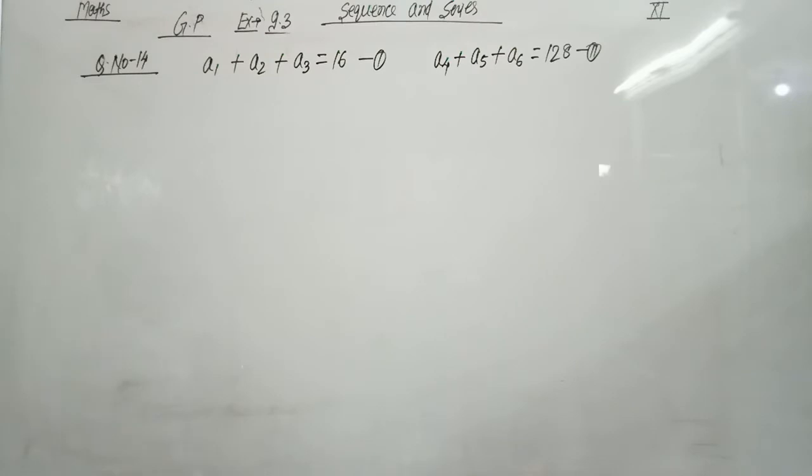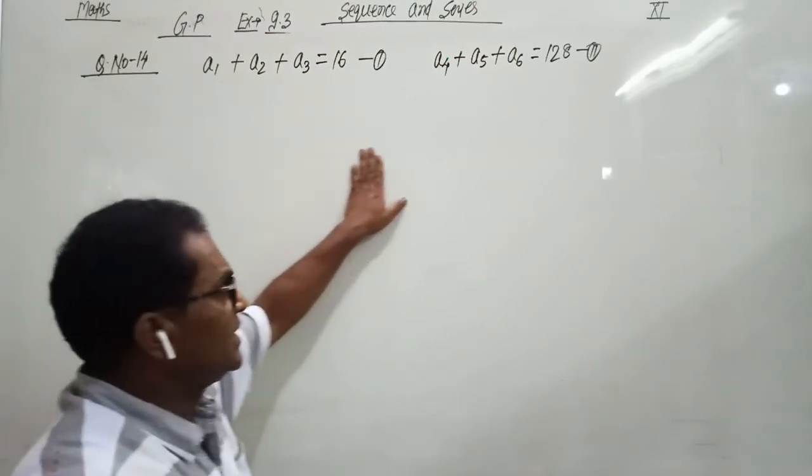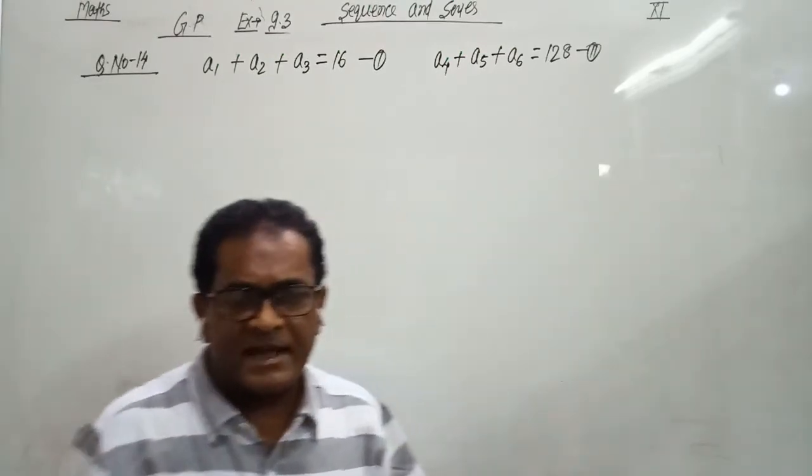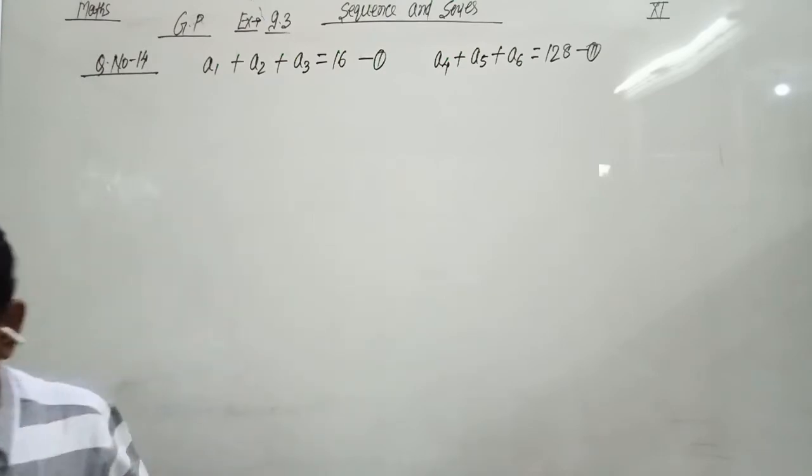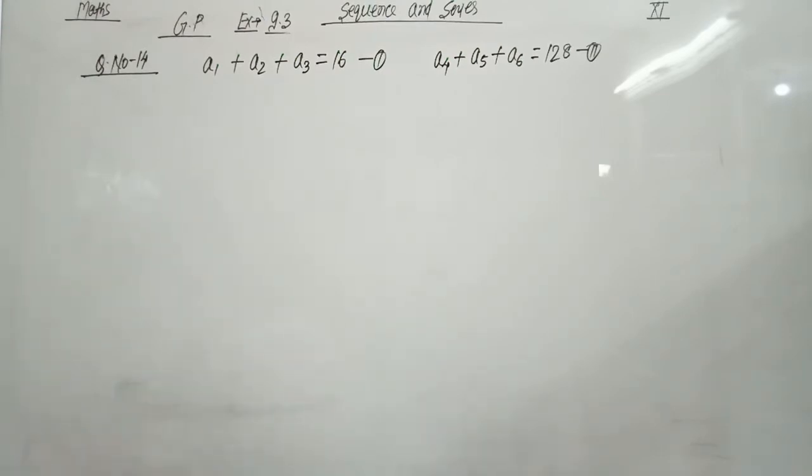The sum of next 3 terms means A4 plus A5 plus A6 is given as 128.